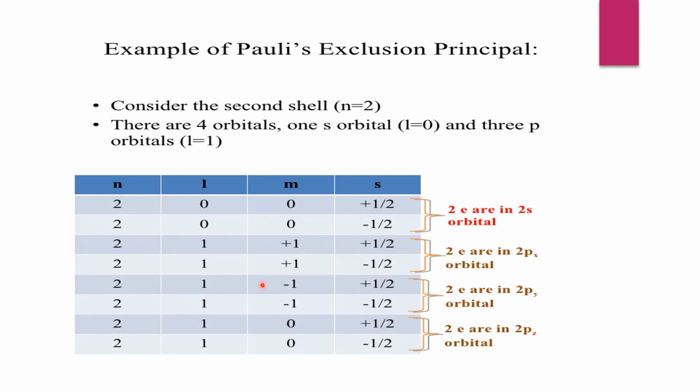But its m value is, since the m values are from minus l to plus l, here it is equal to minus 1. So the values of px, py and pz are changing in m value as well as in the s value. So again in this pair, one is having plus half and the other one is having minus half.